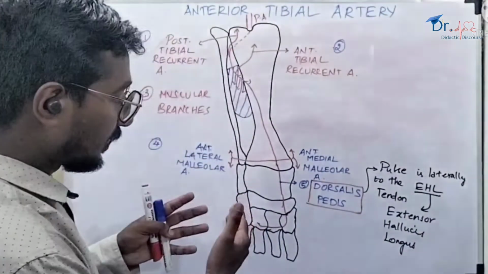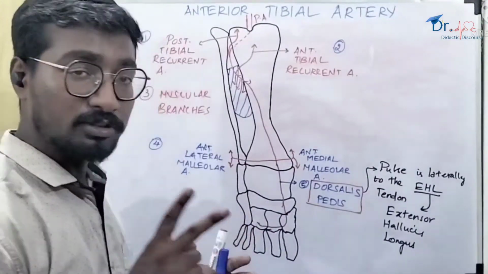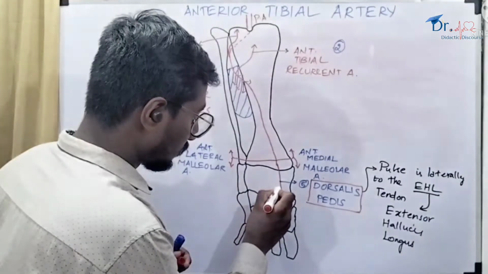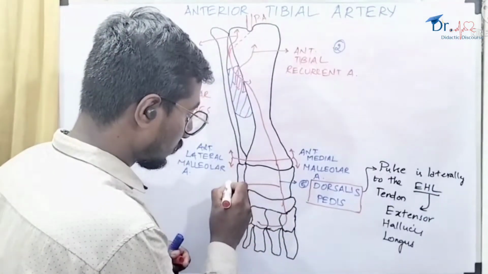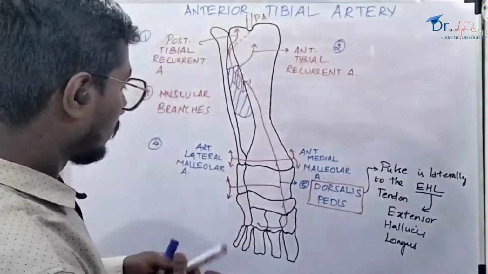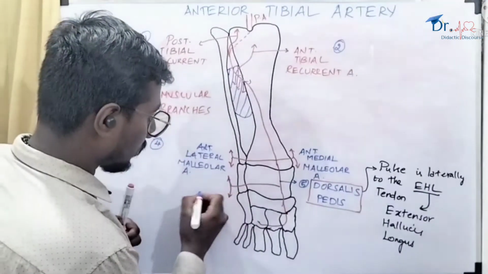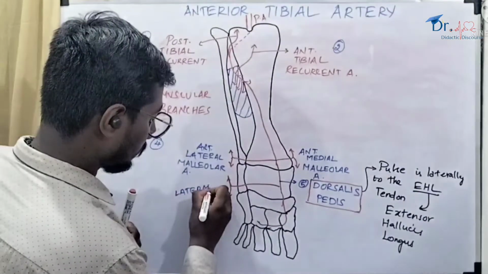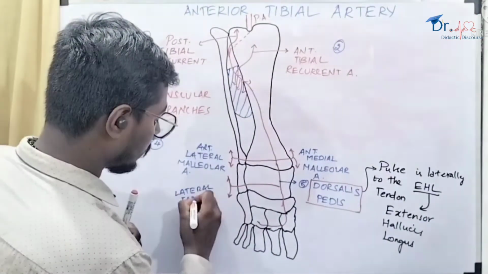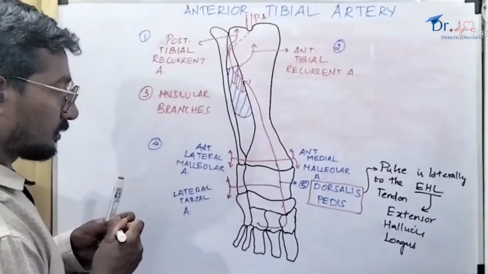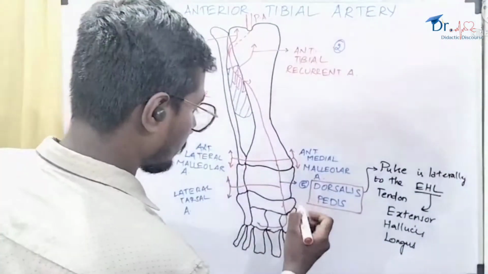So this dorsalis pedis artery gives rise to two branches, which are the lateral tarsal artery and the medial tarsal artery.